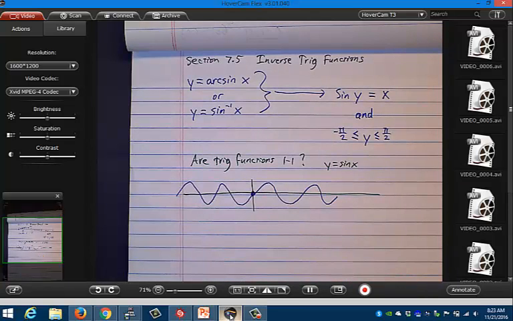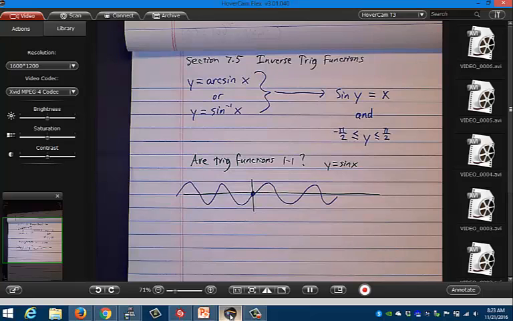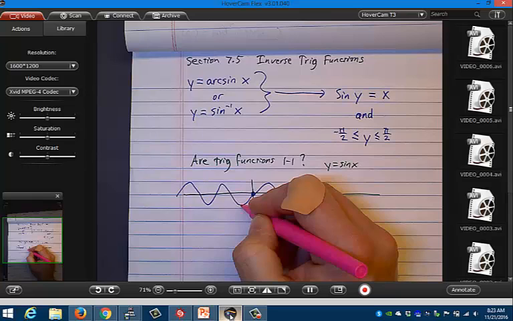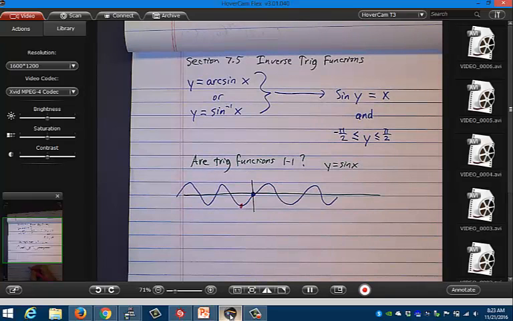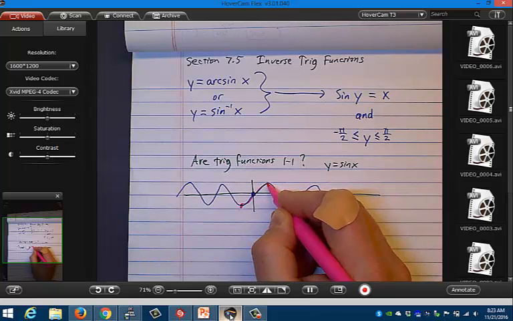And so you have to restrict the domain if you want to get an inverse. But you also want to get the full range of values that one could possibly have for the sine. So what we do is we go from this minimum value of the sine to this maximum value of the sine right here.